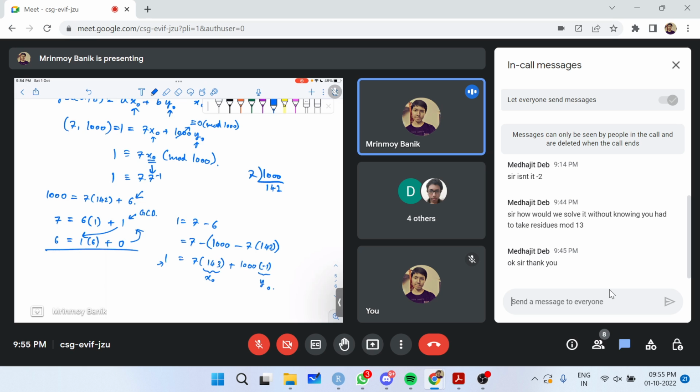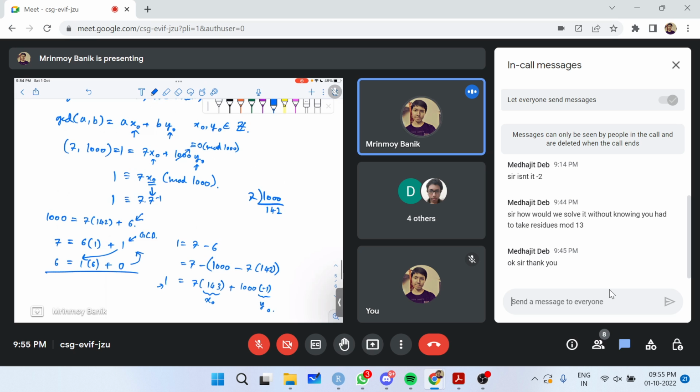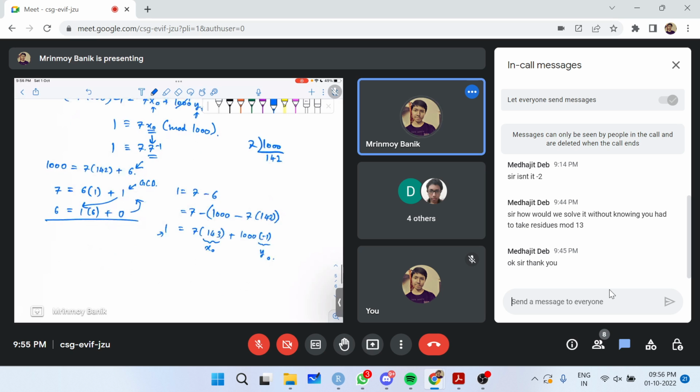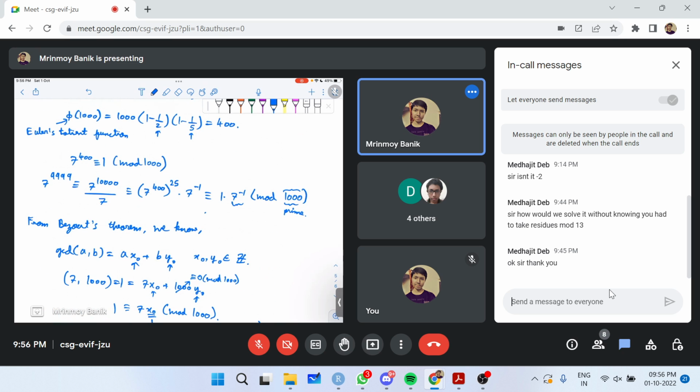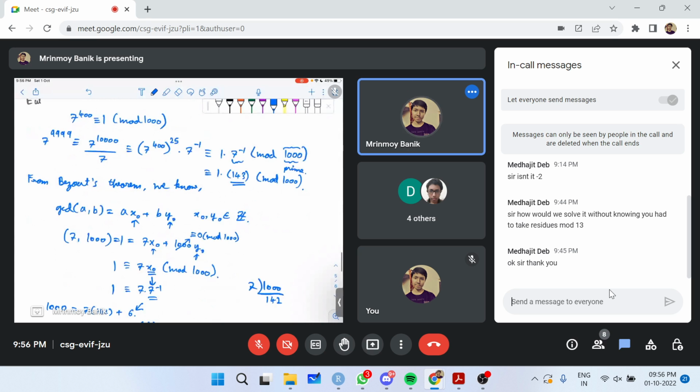And as you know, 7 times 143 is congruent to 1 modulo 1000. So 7 inverse is 143, and we got our answer. The last three digits are 143.